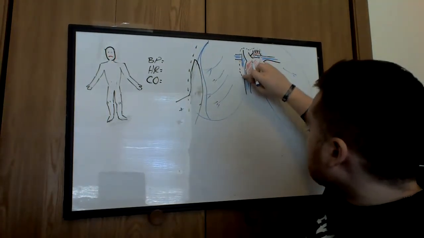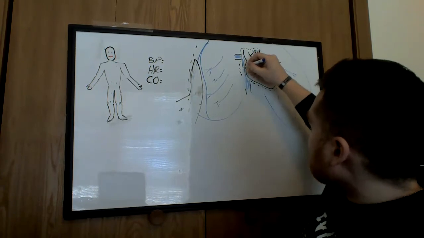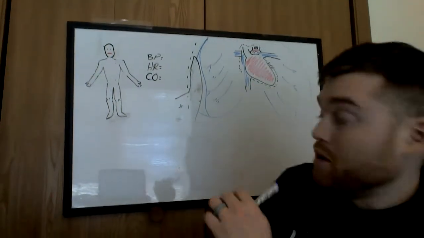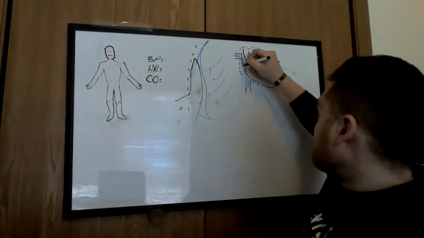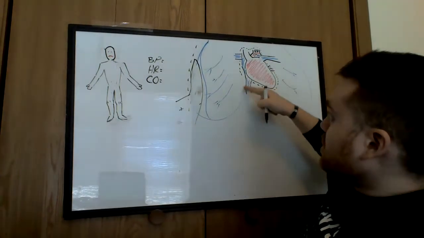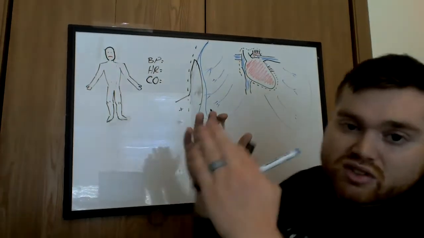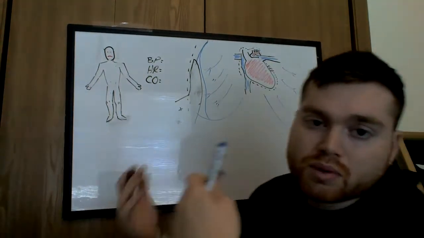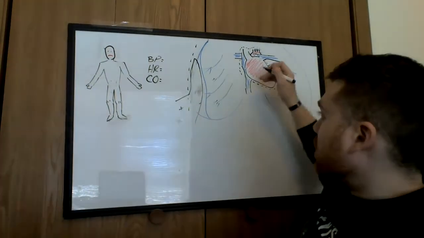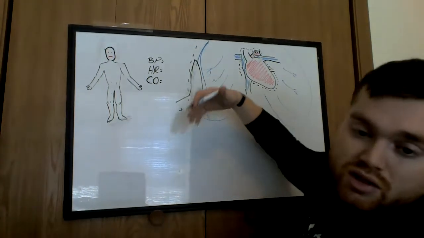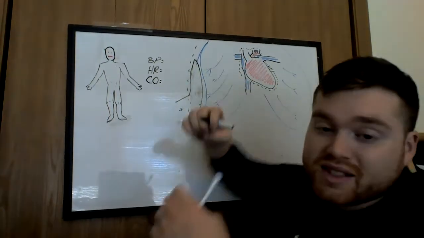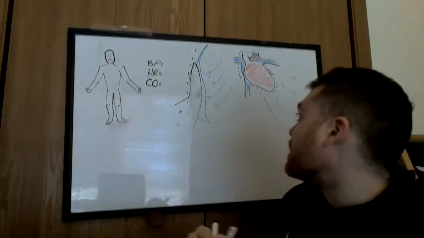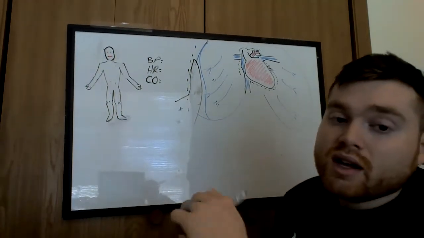This is our little vena cava, either superior or inferior. It's going to start getting pushed in, and because of that, we're not going to be able to have as much blood pushed through. Eventually it could even get such a high pressure that your lung completely collapses, and then you can't breathe.